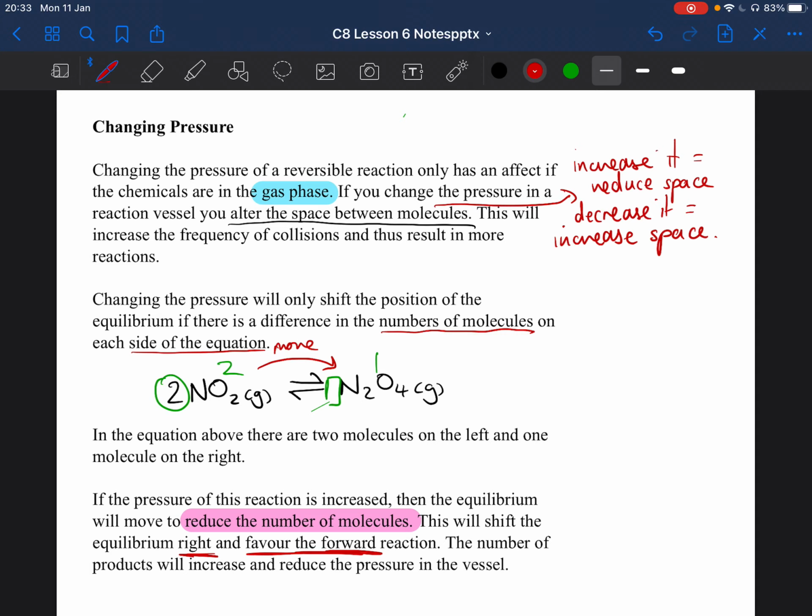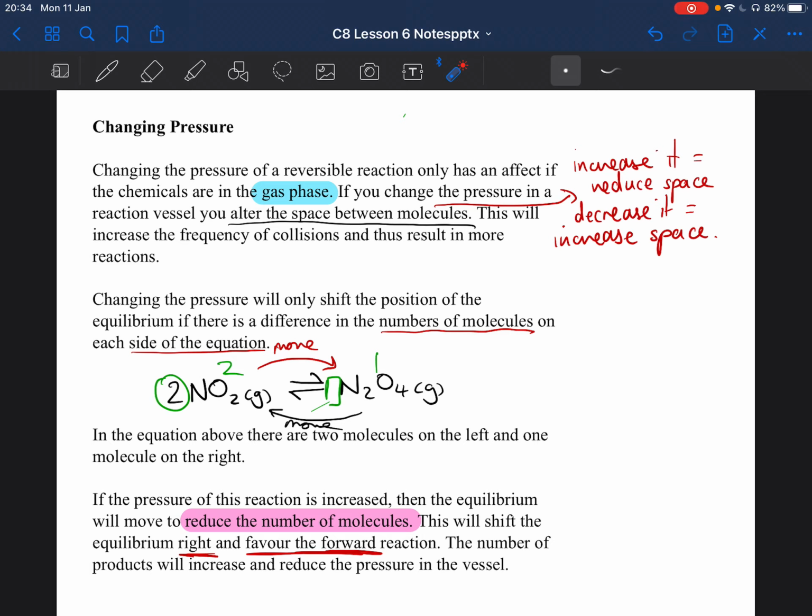If we were to do the opposite and decrease the pressure, what you would see happening is more of the reverse reactions. Because we've got a decrease in pressure, we need more molecules in that space to increase the pressure again to where it was. The only way to do that is to have a reverse reaction happen and create these 2 molecules of nitrogen dioxide. So when we're talking about pressure, what we're actually talking about is how many molecules there are in our reaction vessel.